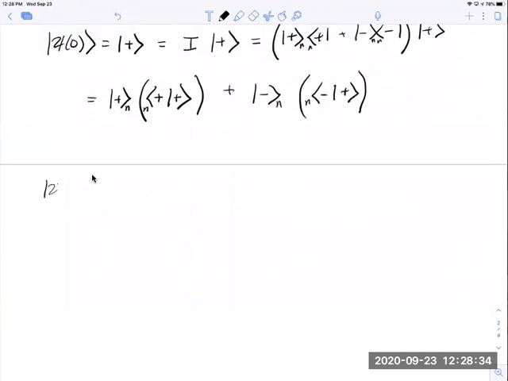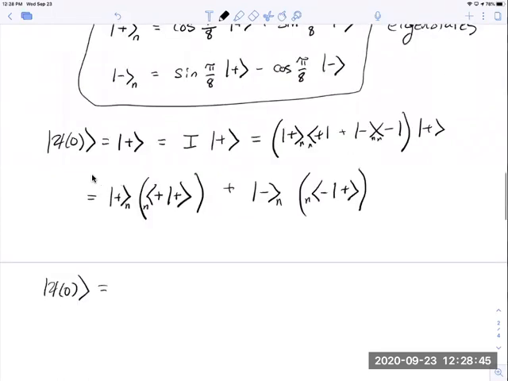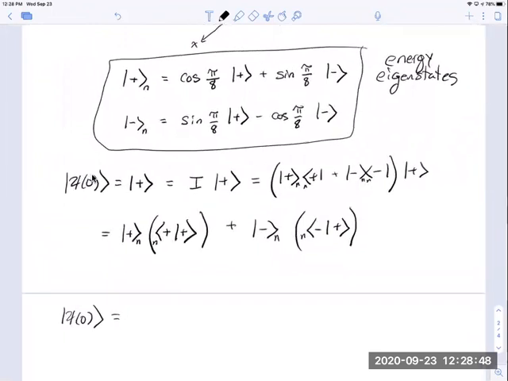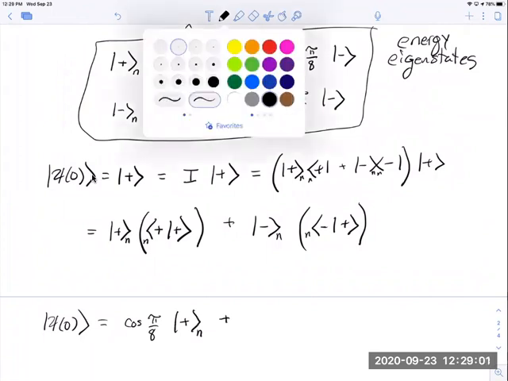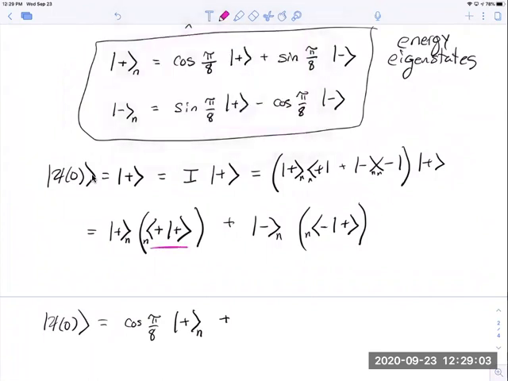So again, psi of 0 is equal to this overlap of n plus with the plus sign, which if I go back up, n hat with the plus is just going to be this position. So I can write this as the cosine of pi over 8 n plus hat, plus then I want this part, that is this term.